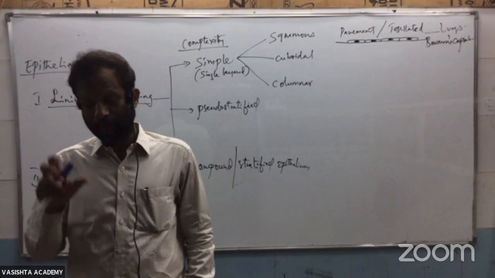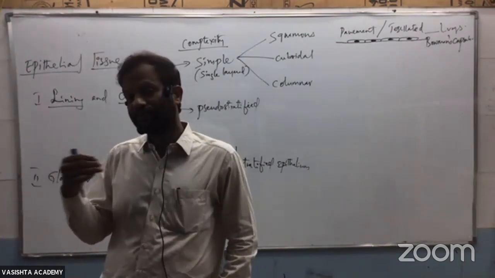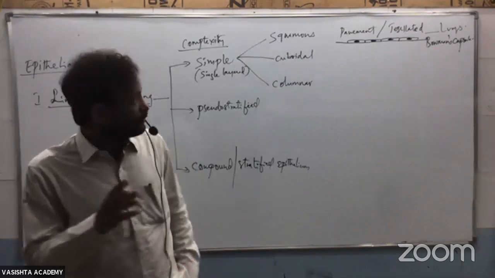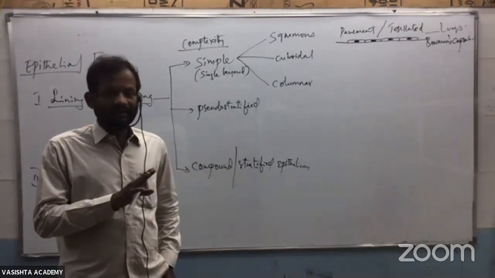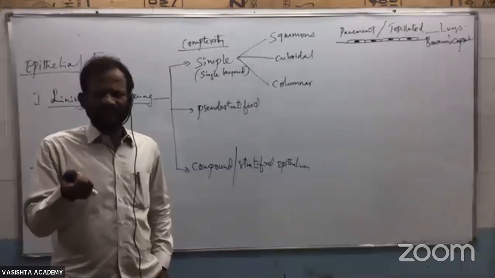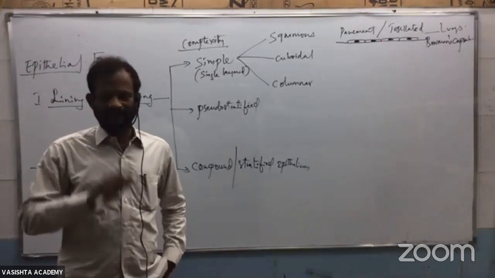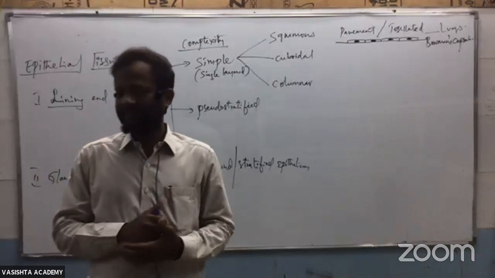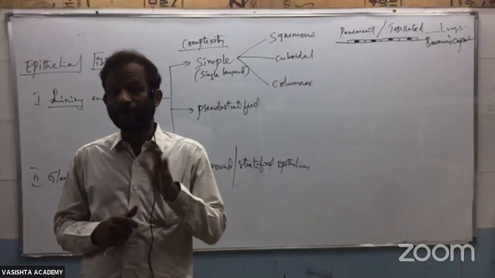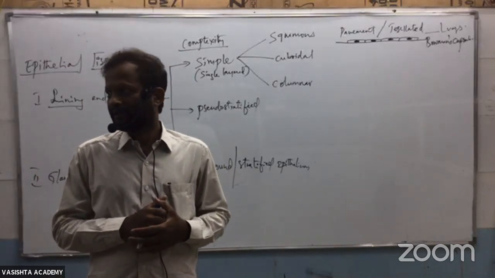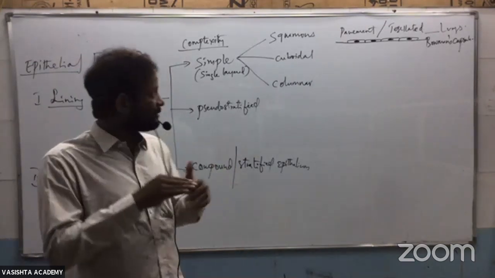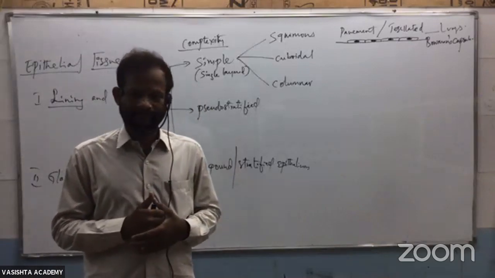From the blood, from the glomerulus, the substances must diffuse into the capsular cavity. So you can see that pavement epithelium, wherever the layer is very thin. You can see that in the wall of blood vessel, we call that endothelium. The blood vessel wall is also lined by squamous epithelium.